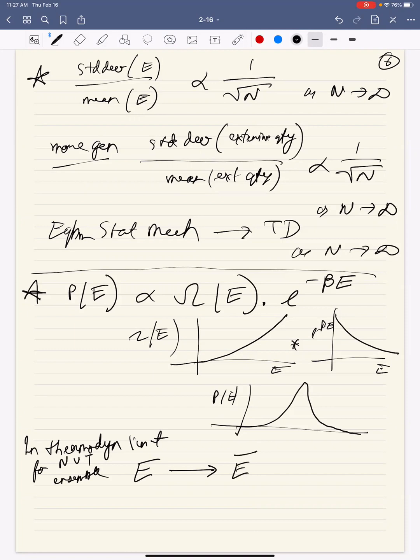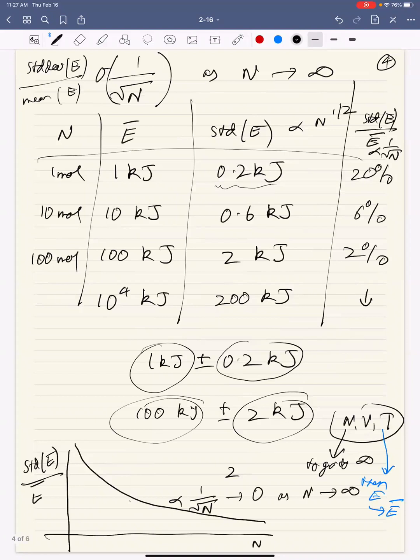The fluctuations relative to E bar that you're seeing in E become smaller and smaller. It's not that the fluctuations go to zero. The standard deviation keeps getting bigger and bigger in its own magnitude. It's relative to the energy, right? An error of 200 kilojoules is really bad if your mean is 1 kilojoule. An error of 200 kilojoules is kind of nothing if your mean is 10 to the power 4 kilojoules, right? That's the point over there.